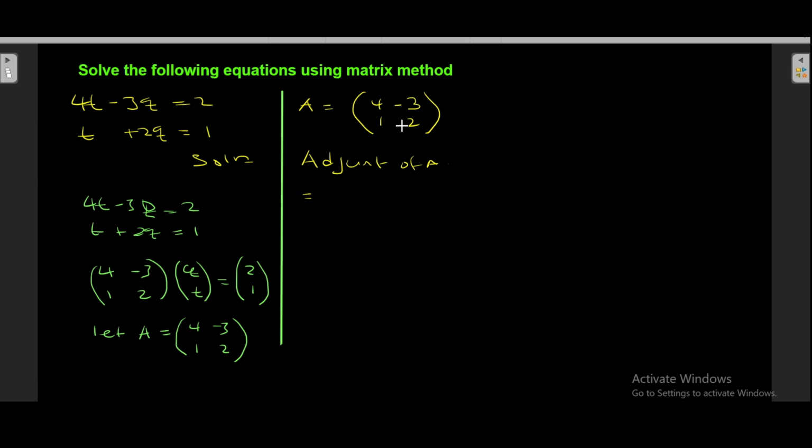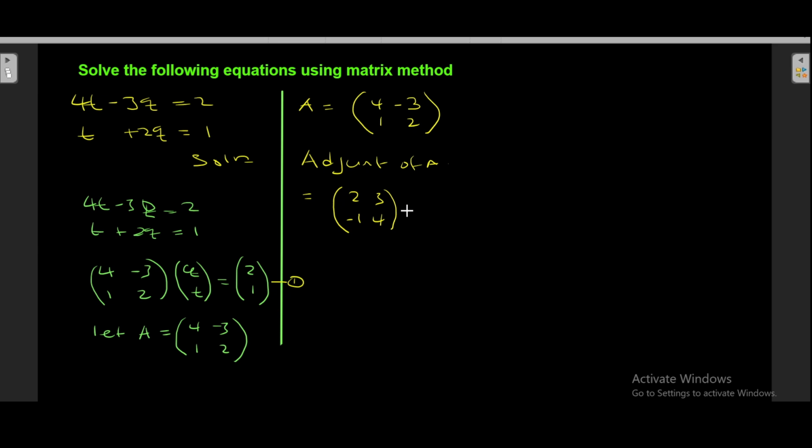Remember we said when you're getting the adjoint, these two numbers 4 and 2 change positions. It will now be 2 and 4, and these two numbers change signs. They now give us negative 1 and positive 3. That's my adjoint. This one I can say is equation 1.